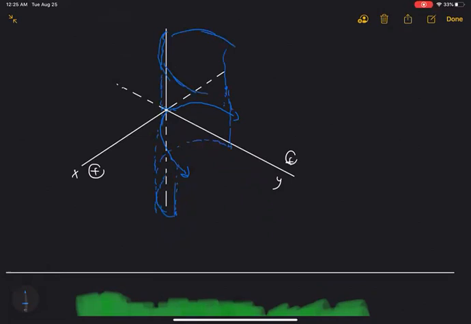And it's just a shell. It doesn't have any thickness to it. It goes off in these directions forever.